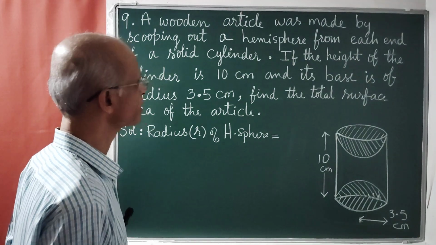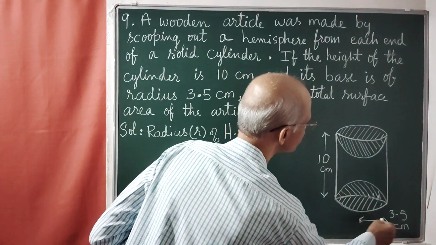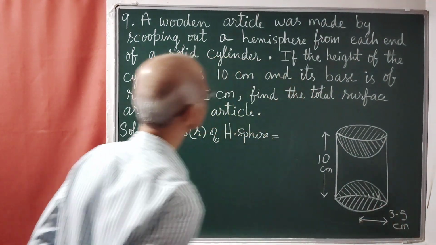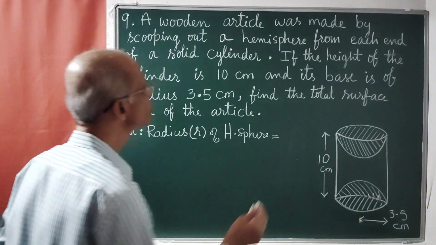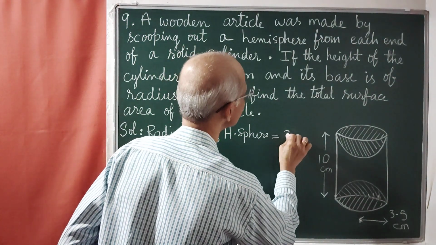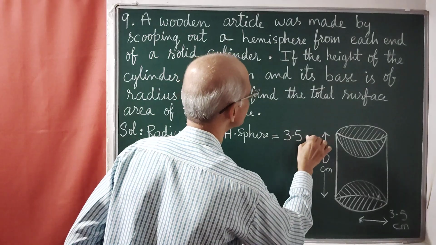Here the radius is 3.5. This is the radius. So the radius of the hemisphere is 3.5 centimeters.